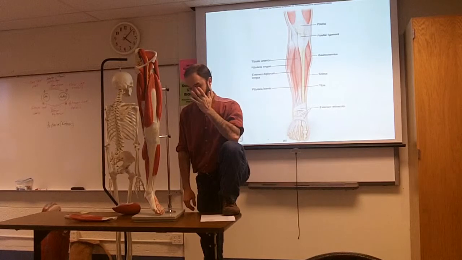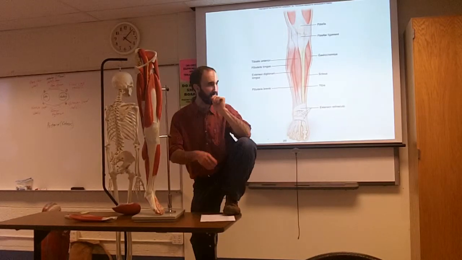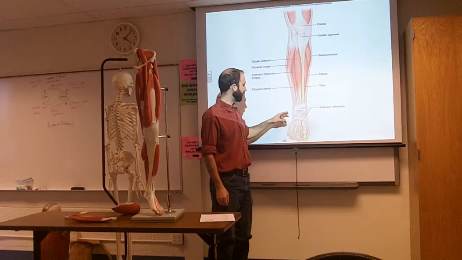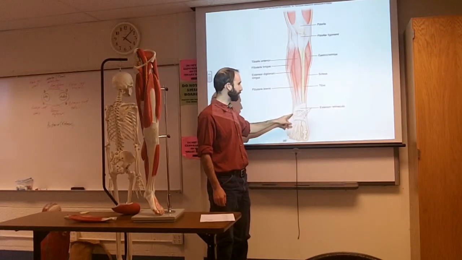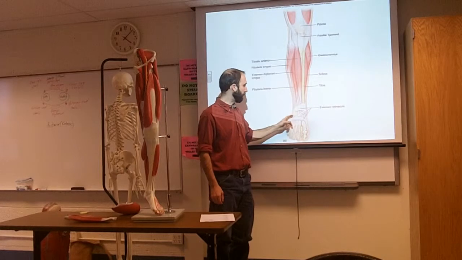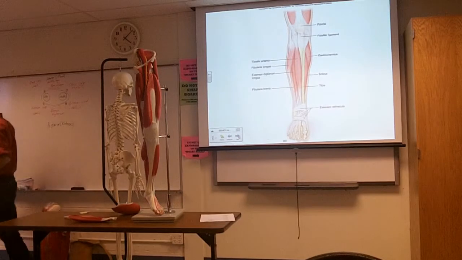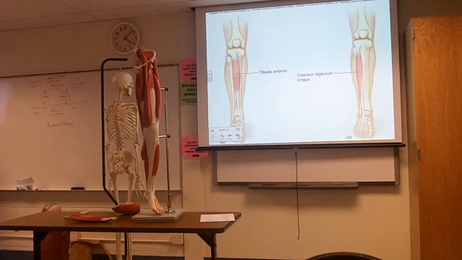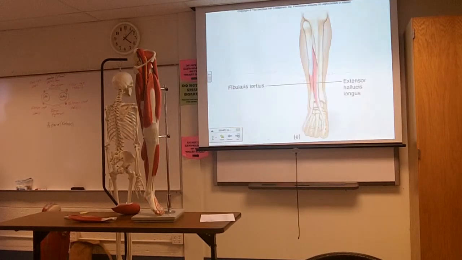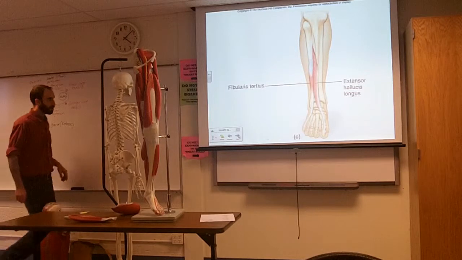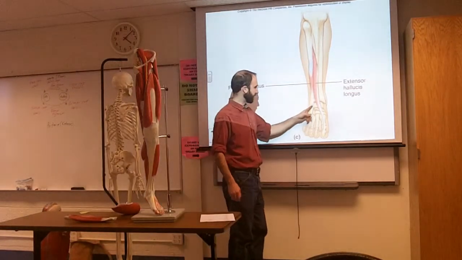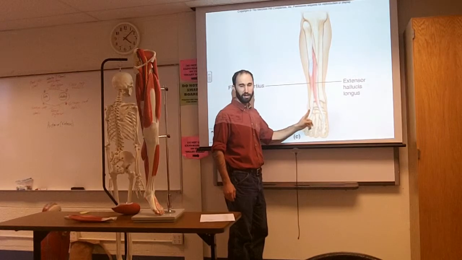Now, one of the things you have to notice when you're looking at the leg here, or at the ankle here, is that it makes a big difference whether a tendon goes behind or in front of your malleoli. Let me see. There's tibialis anterior by itself. So when a tendon goes in front of this muscle, the tendon down here is going anterior to that medial malleolus.